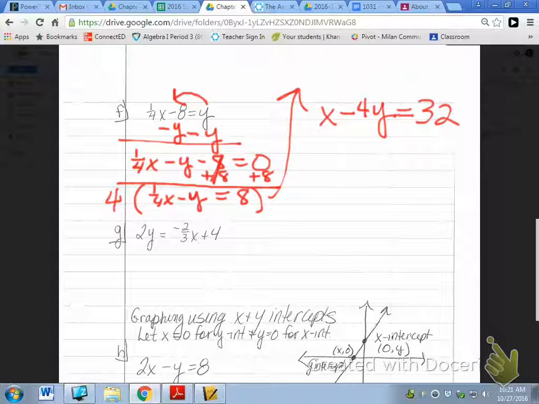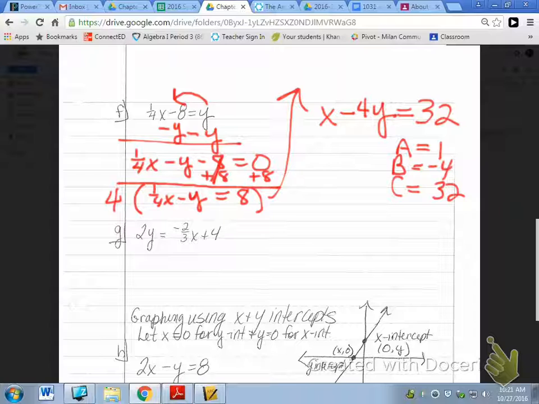They don't, because let's do this. What's A? 1. What's B? Negative 4. What's C? Because of that 1, there's no greatest common factor other than 1. Maybe if it was 2 or 8 or something like that, then yeah, you'd have to be dividing out, but right now you don't.